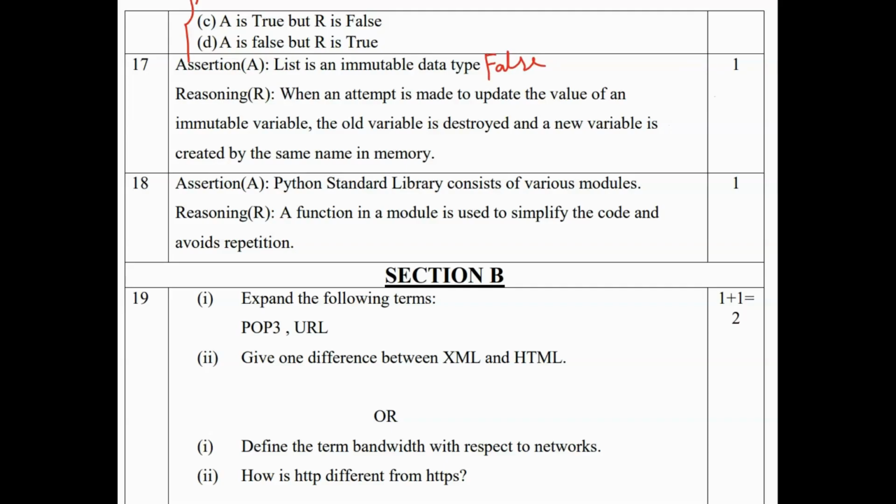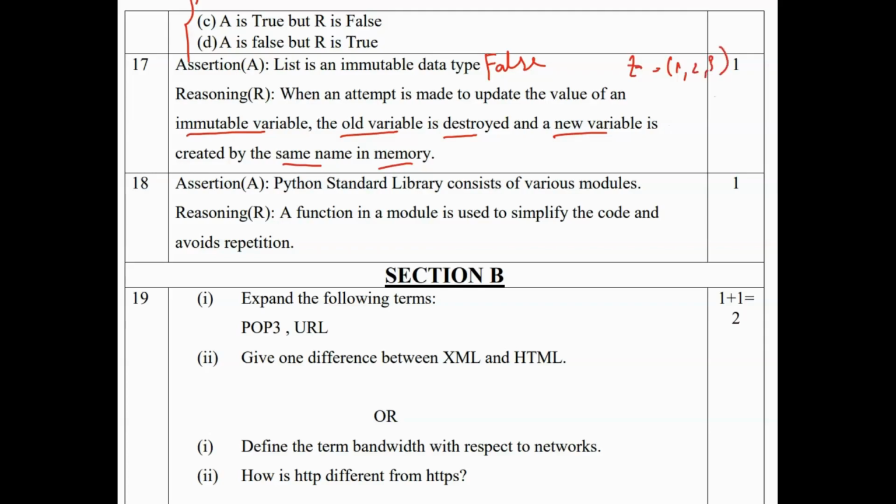The reasoning is, when an attempt is made to update the value of an immutable variable, the old variable is destroyed and a new variable is created by the same name in the memory. So for example, tuple is an immutable data type, right? Let us write an example for a tuple: t = (1, 2, 3).